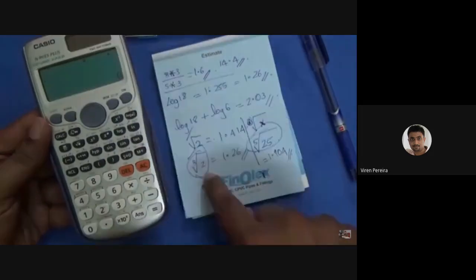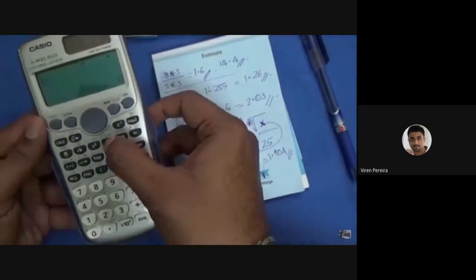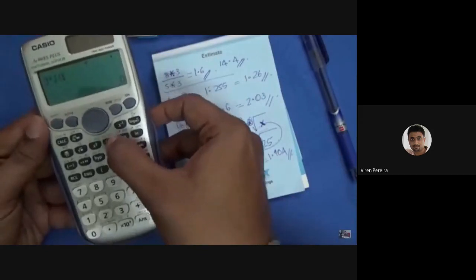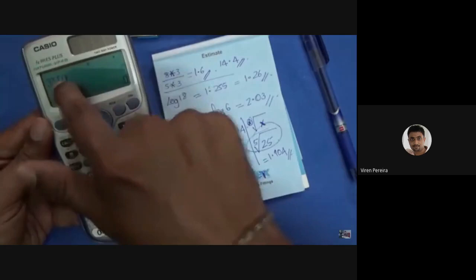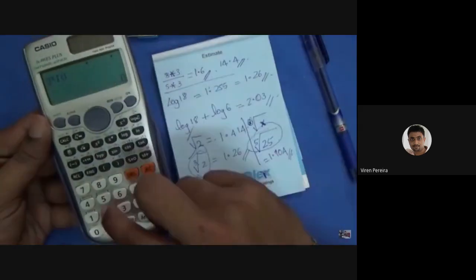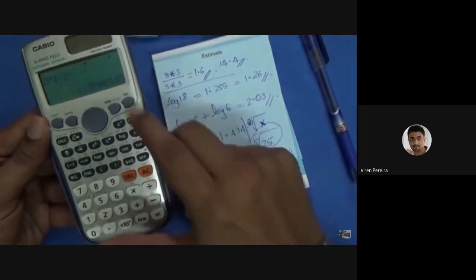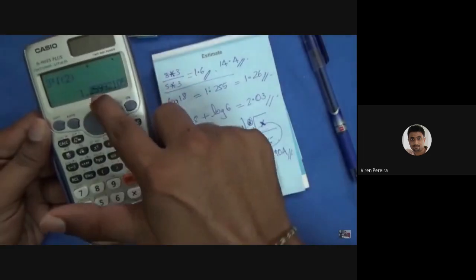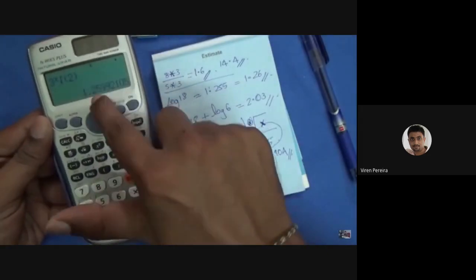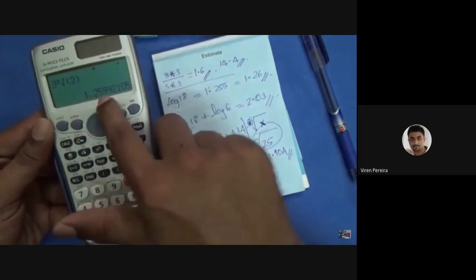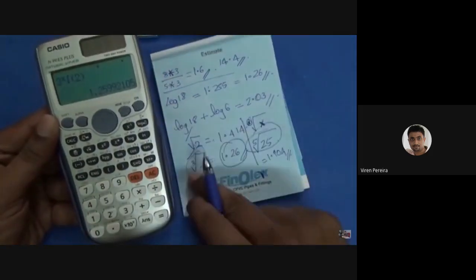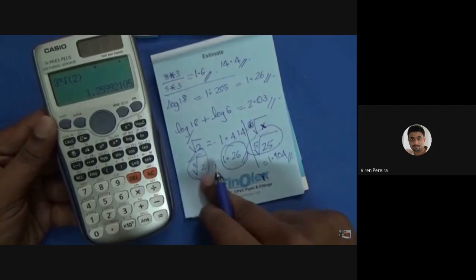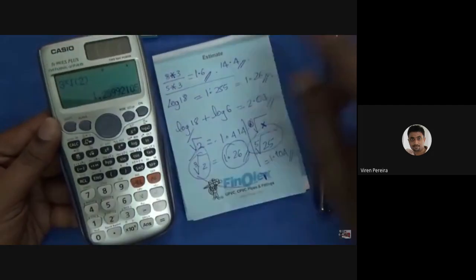I'm pressing 3, shift, this button here for any value. Now the 3 represents my cube root. Root of 2, close bracket. I get 1.26, basically decimal point shifted. So 1.26, which is the same value as I got when I typed directly the cube root of 2. So I'm getting the same value. So this is also okay.